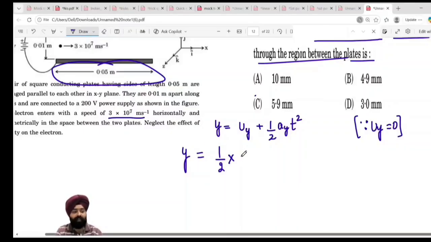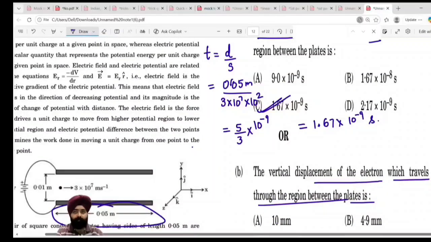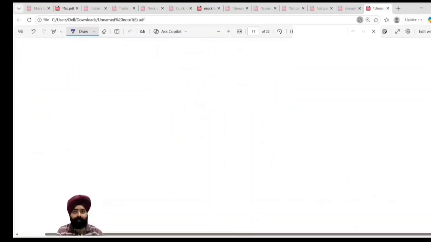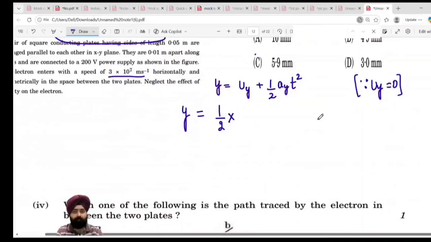What was the acceleration we have calculated? Acceleration beta 3.5 into 10^15 है ना?